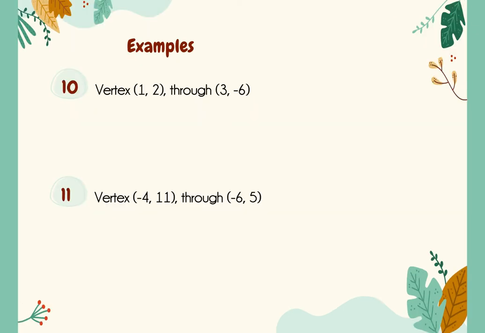So I would take something like this. You're going to get given the vertex and a coordinate point, and I'm going to plug it into standard form. So standard form is y equals, eventually we make it f of x, but y equals a(x minus h) squared plus k. Step one is have that memorized. Then your vertex is your h and your k, and your coordinate point is your x and your y.